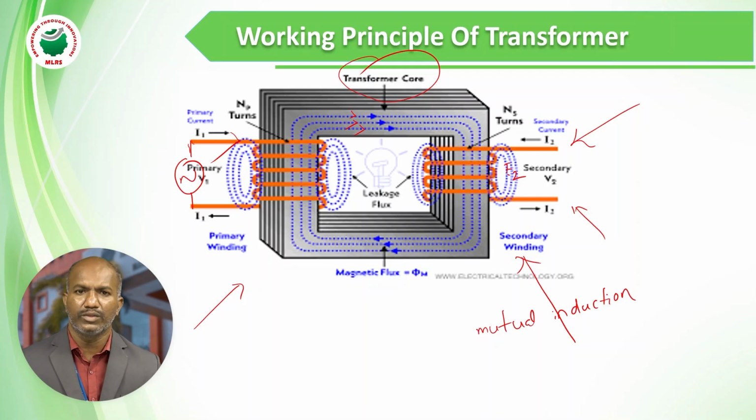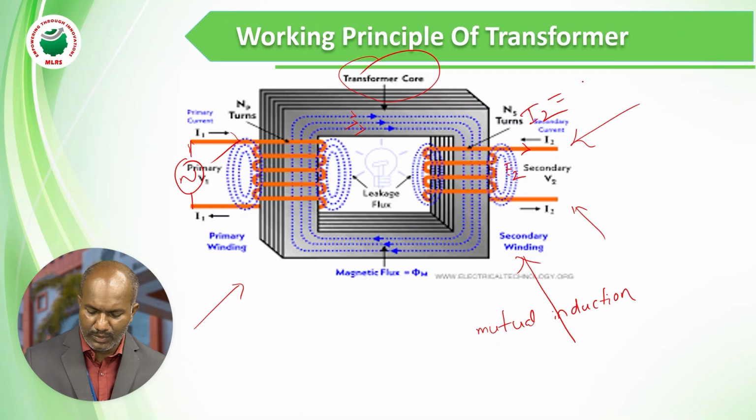However, even though there is no load, I am getting induced EMF in the secondary winding because of Faraday's law of electromagnetic induction. But there is no current flowing through the secondary winding. Let us suppose I2 is the current flowing in the secondary winding. Now I2 is equal to 0. There is no current.